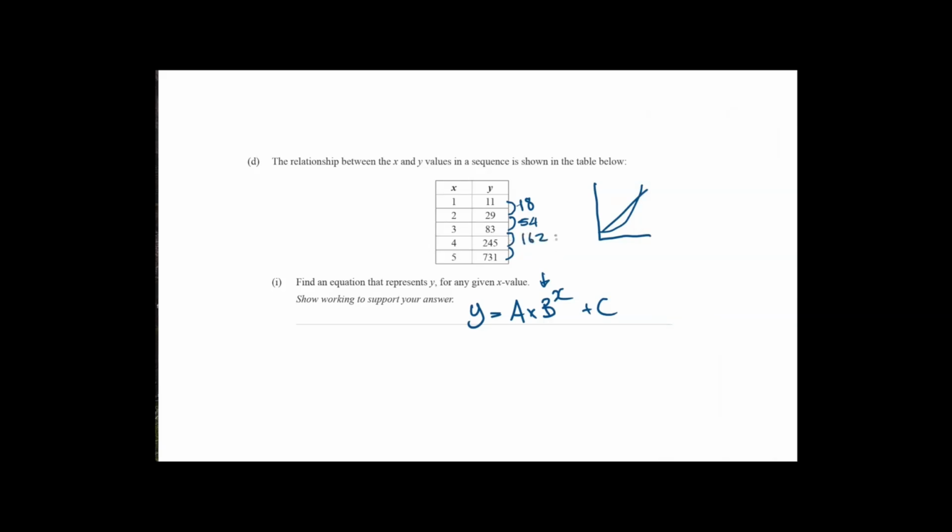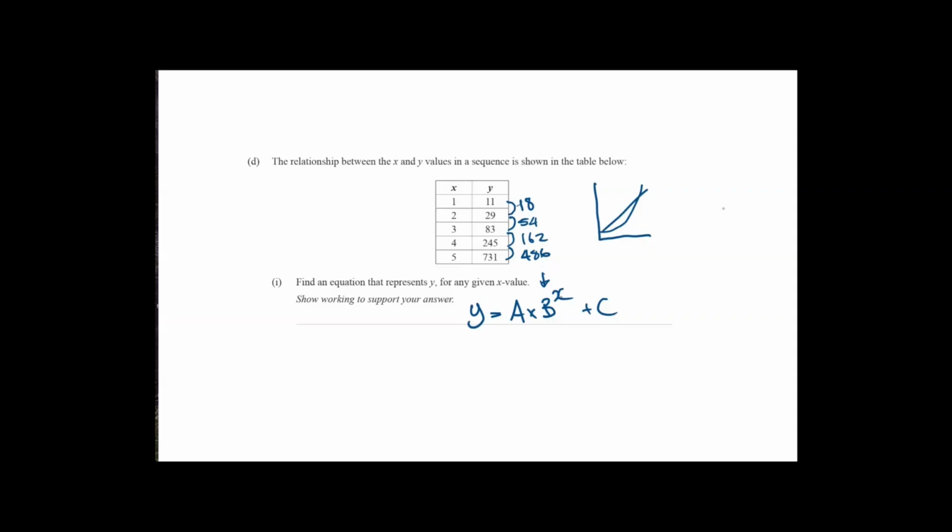So it's obviously not parabolic. If this is a parabola, these would all be the same number. And then the last one is 731 minus 245, and that's 486. So that's kind of the differences of the differences.